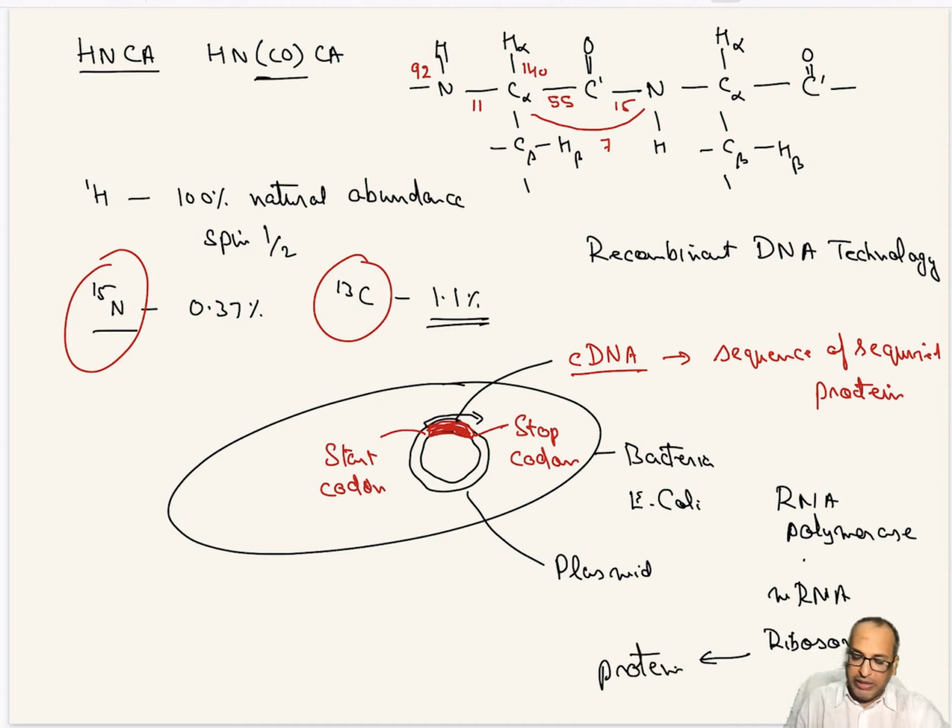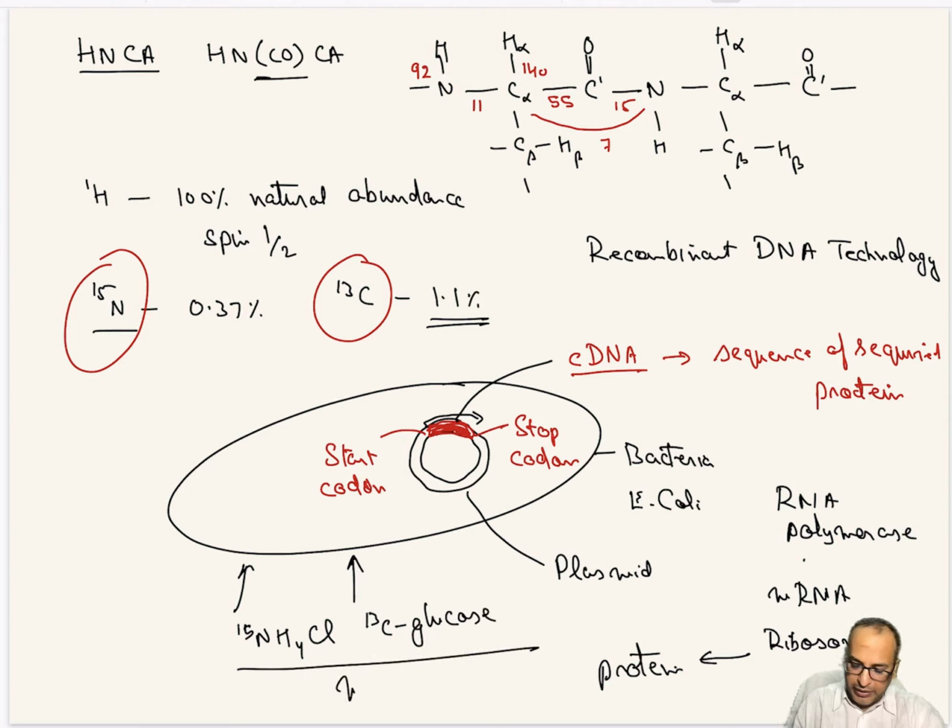Now imagine that you feed this bacteria the nitrogen source as 15N labeled. In our case, in the media we add 15N ammonium chloride, and glucose is fed as 13C labeled glucose, and this is provided in the media where the bacteria has to grow, right?